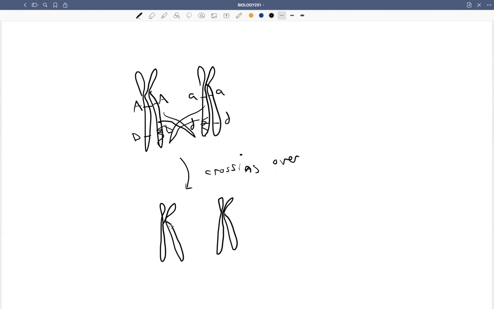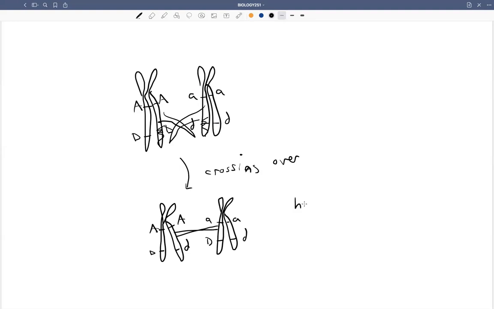And the result of that, at least in some circumstances, is that the chromosome that's got the big A ends up getting a copy of little d, and the chromosome that's got little a has a copy of big D. So crossing over, as we saw before, is an equal swap of some part of the chromosome. They're physically exchanging material at some location between the A gene and the D gene.